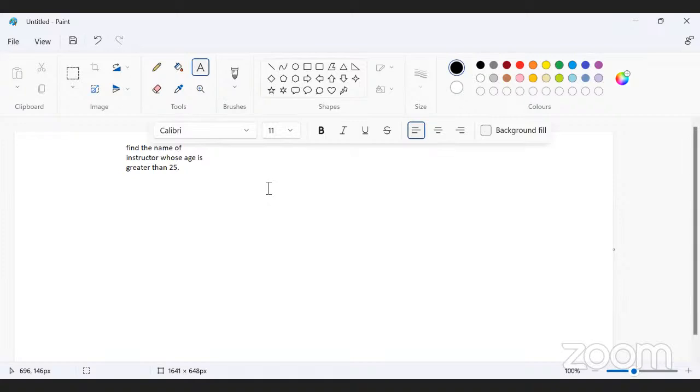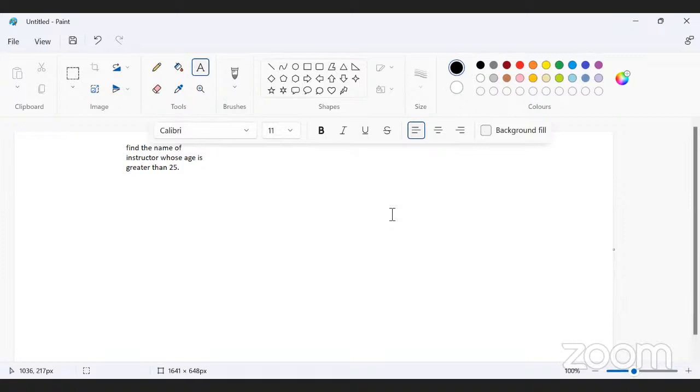You can at least tell what the SQL query is. Select name from instructor where age is greater than 25.